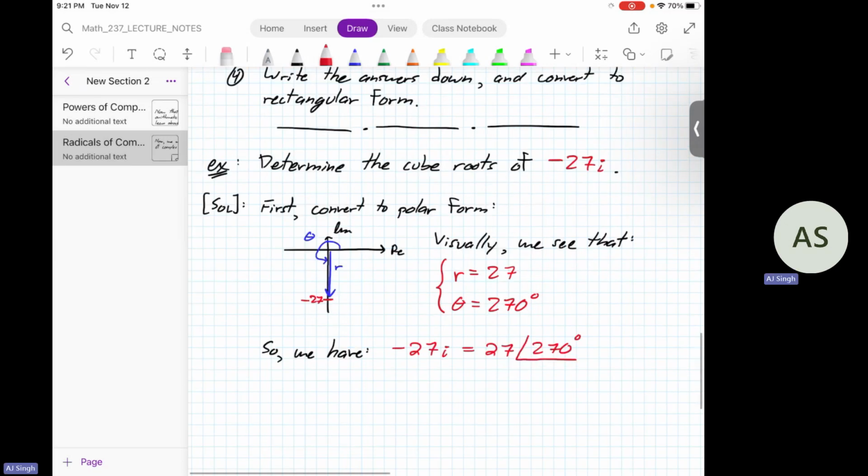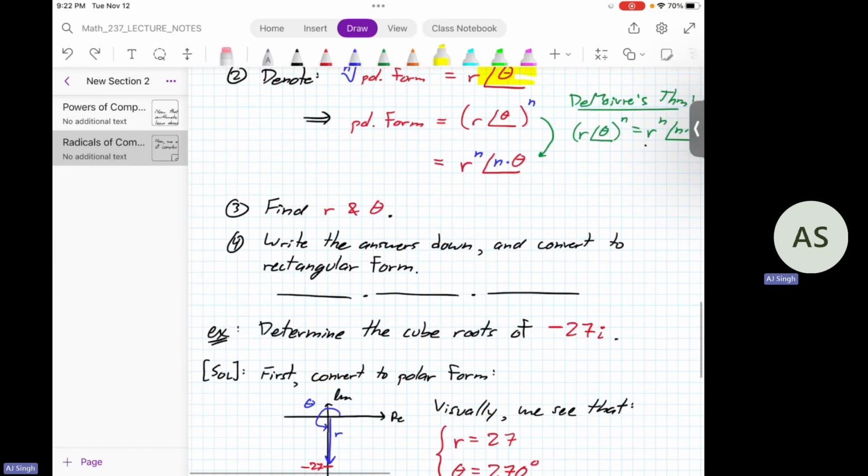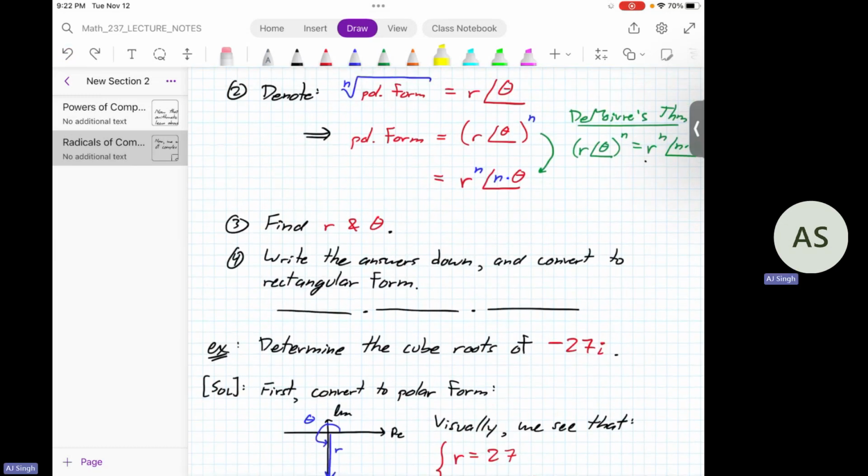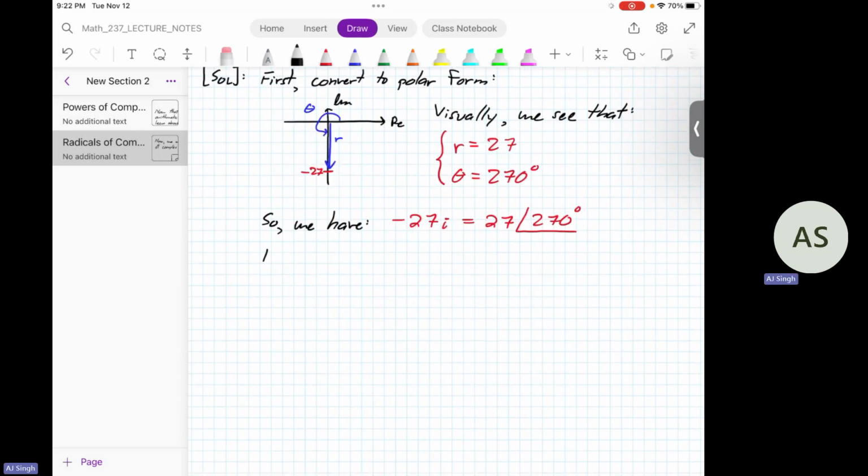And then scrolling up, step 2 is this guy. We write the nth root of the polar form as this yellow stuff and then apply de Moivre's theorem. So let me do that right now. So next we denote, and we're doing cube roots, right?